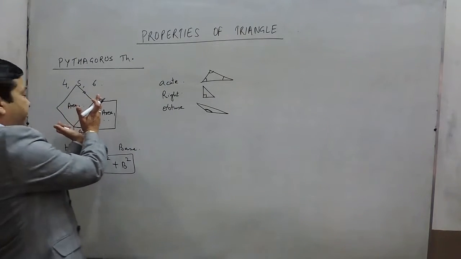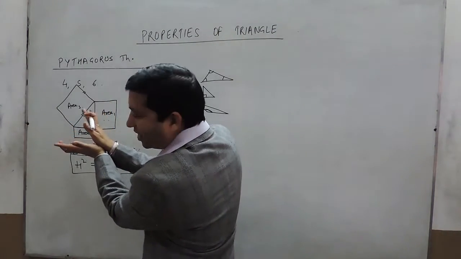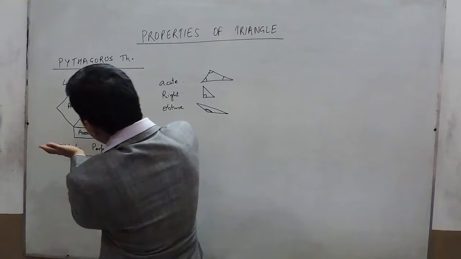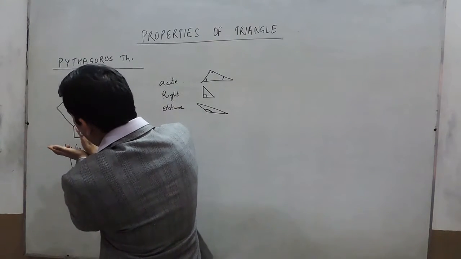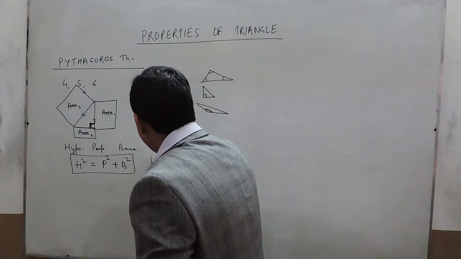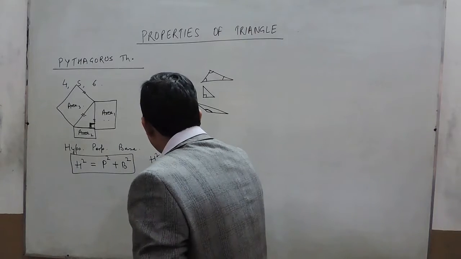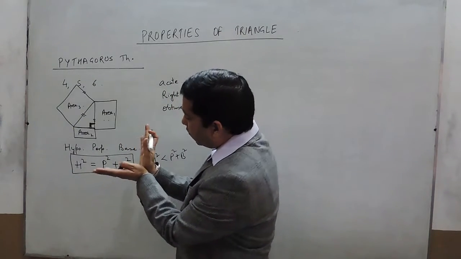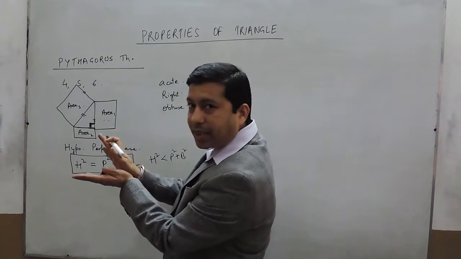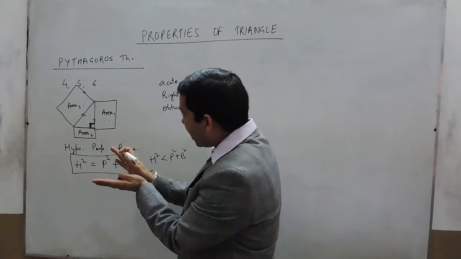Now we know very well that if we decrease the 90 degree angle, then definitely the value of h square will be less. So if h square is less than p square plus b square, that means the angle which was 90 degrees, we have squeezed it or made it less than 90.